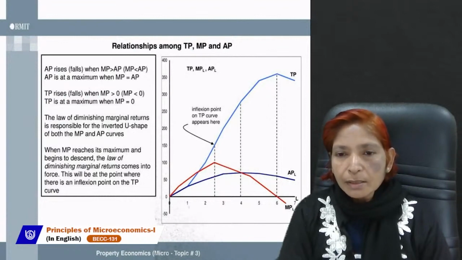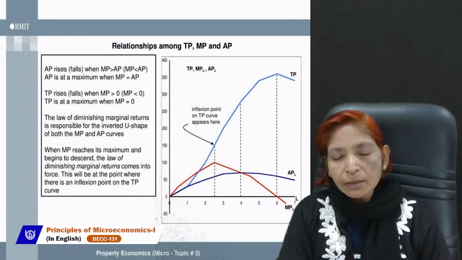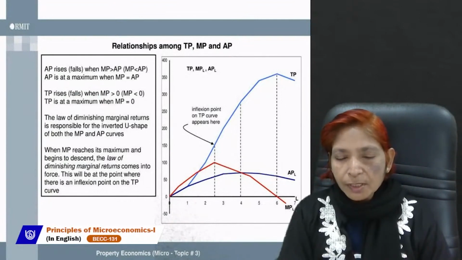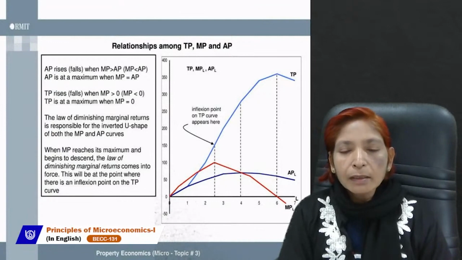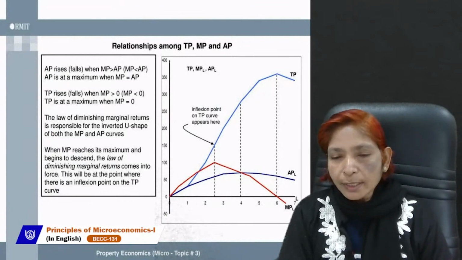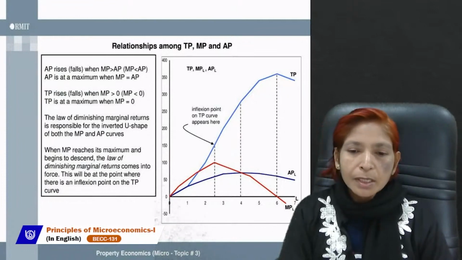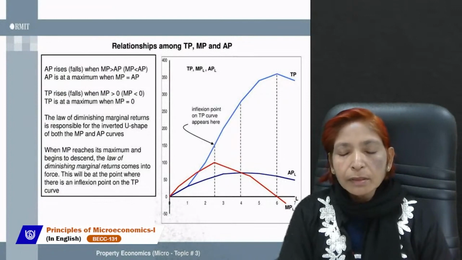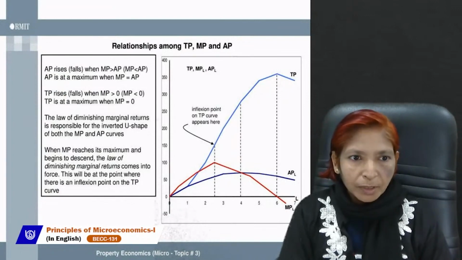This third stage of production is known as negative returns to a factor. The first stage is called increasing returns to a factor. The second stage is known as constant or diminishing returns to a factor. And the third stage is negative returns to a factor.